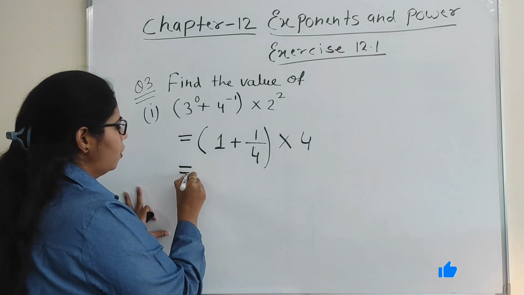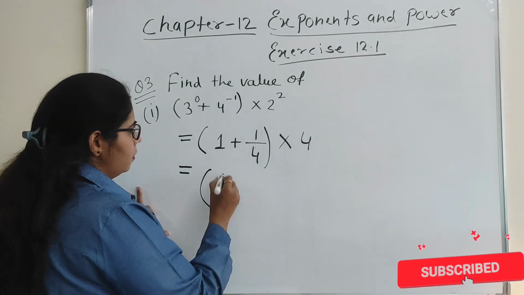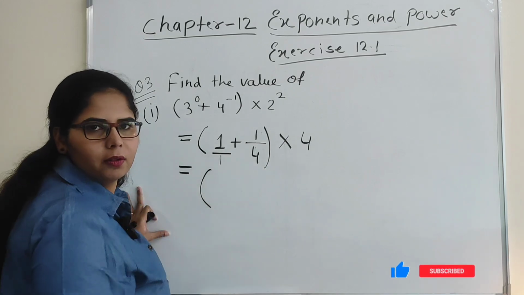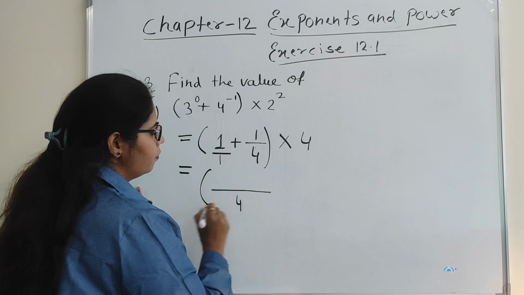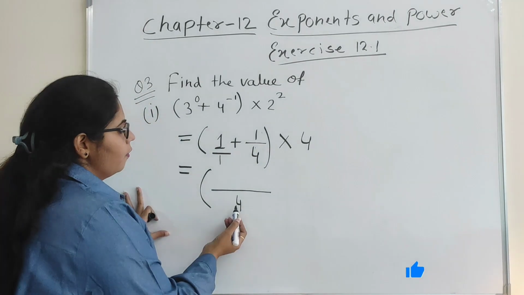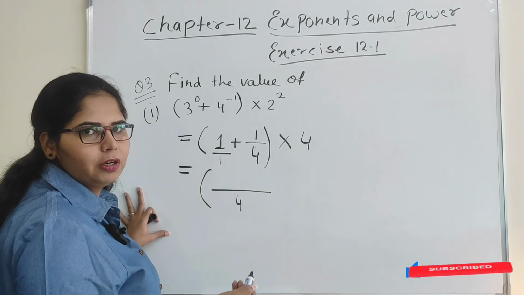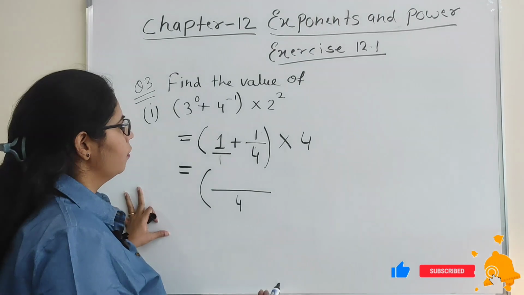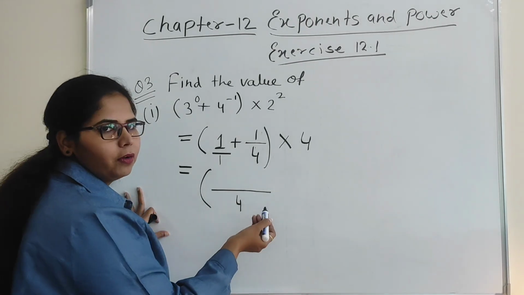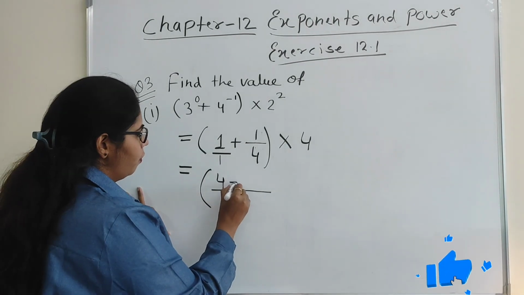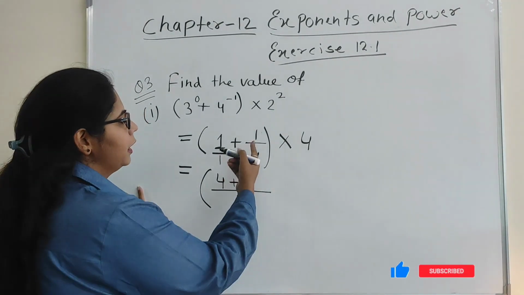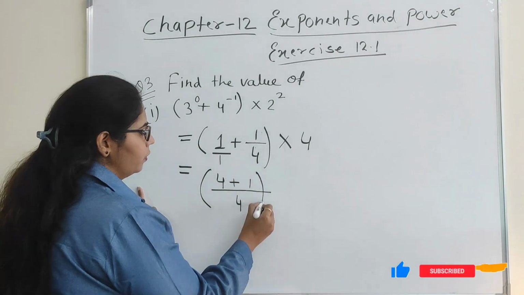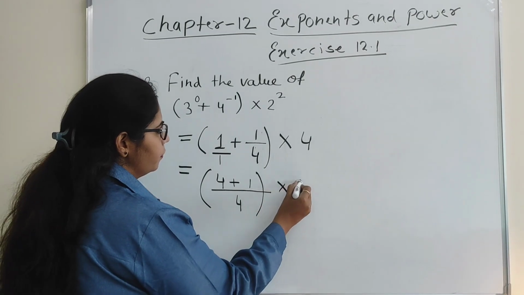Okay, so first solve this bracket. Nothing is here; suppose there is 1. Take the LCM of 4 and 1, which is 4 only. 4 divided by 1 gives you 4, multiplied by 1 gives 4. 4 divided by 4 gives you 1, 1 multiplied by 1 gives you 1, into 4.